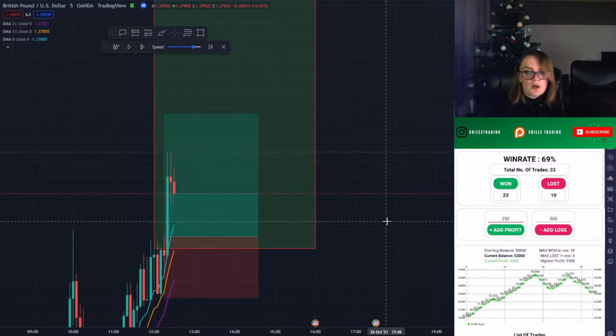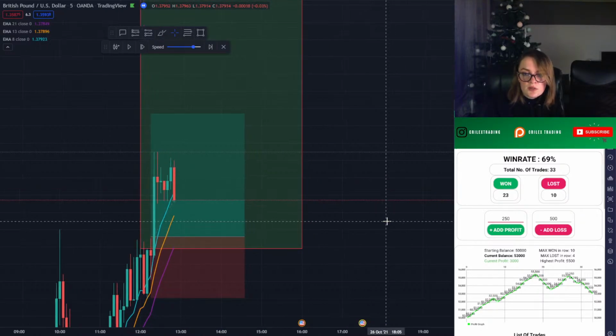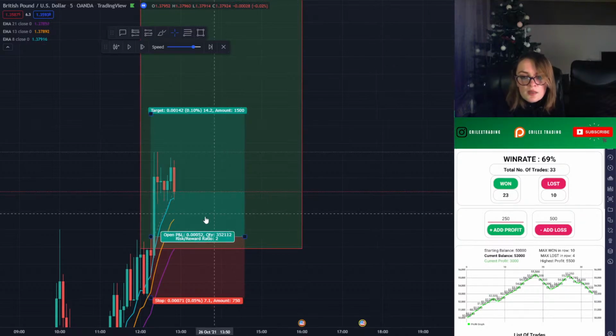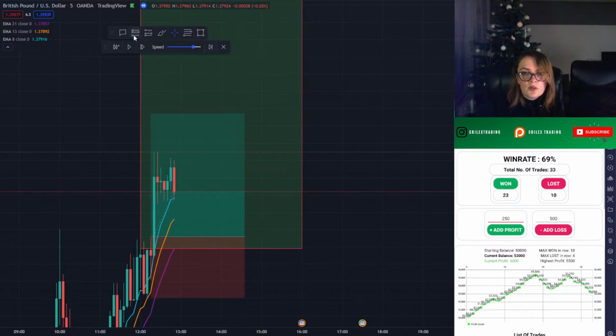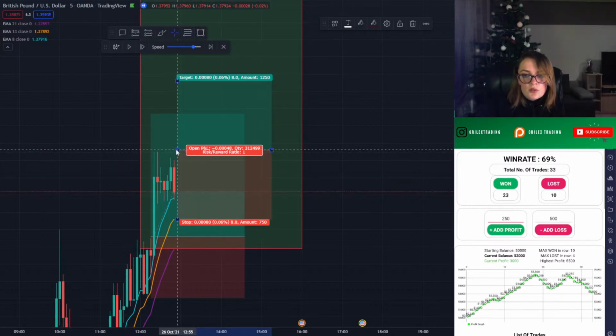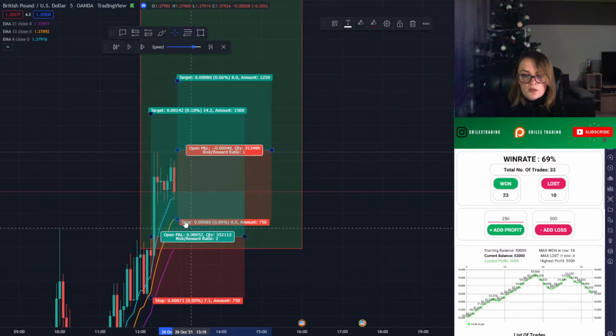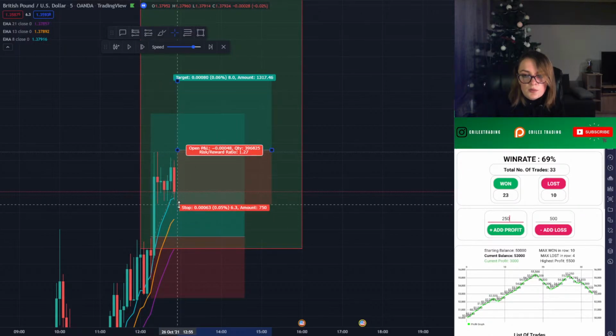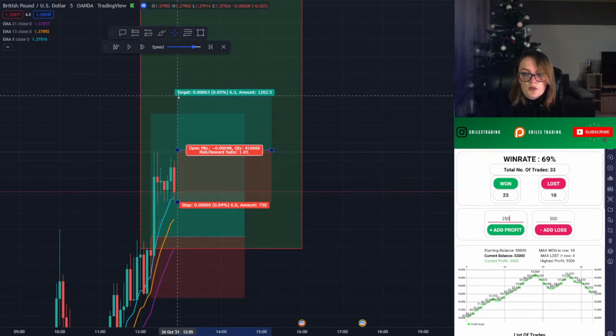So now we are also looking for scalings. And I think here we've got a new retouch of the small EMA, so I'm going to scale this position. The entry will be above the red candle, stop loss below the candle that made the retouch, and a new 1-to-1 position here.